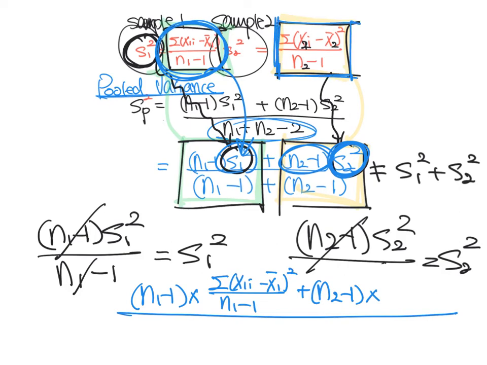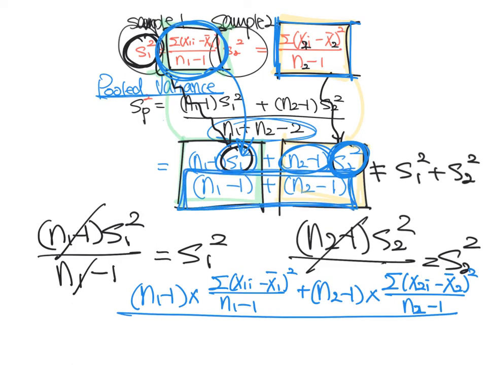S2 square here is another summation of x2i minus x2 bar square over n2 minus 1. And then what? Divided by n1 minus 1 plus n2 minus 1. So far so good?